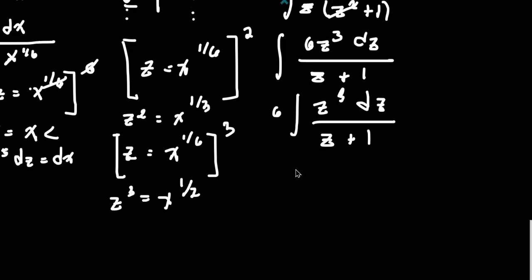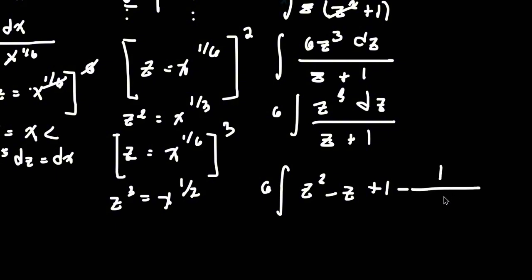So dividing further, I could have 6 times the integral of z raised to 2 minus z plus 1 minus 1 over z plus 1 dz.